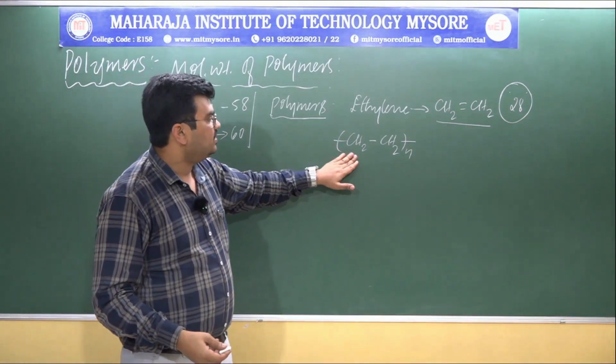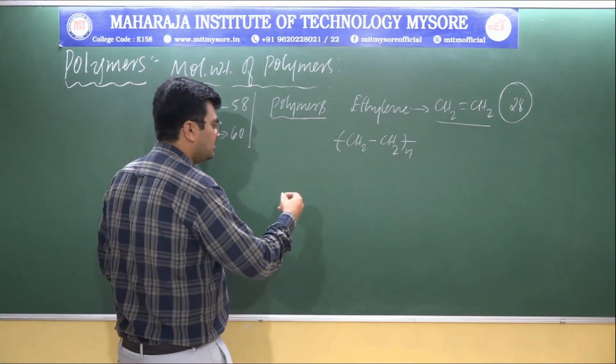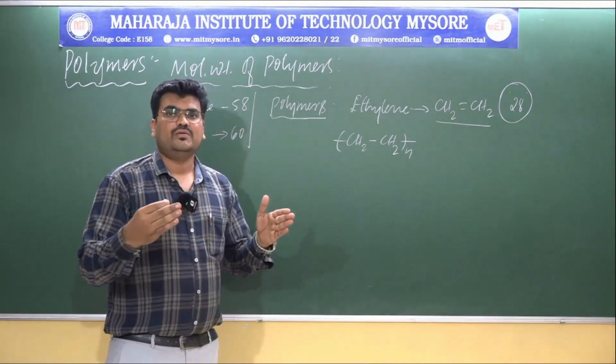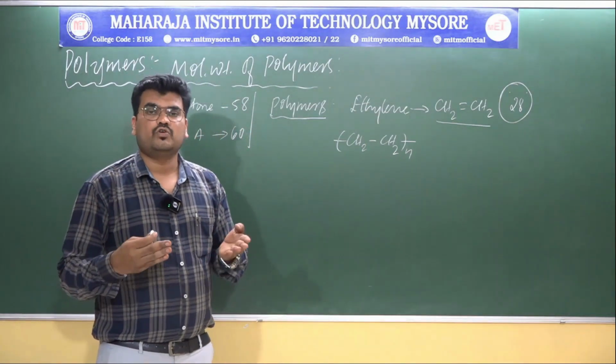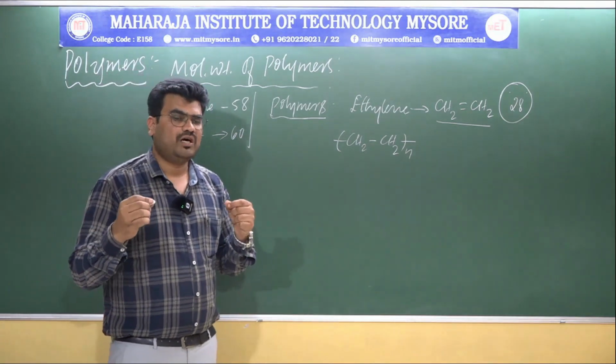So this can be explained by taking these cases, right? I will take this case and explain, so that you will come to know why for polymers we have to go for average molecular weight, and why it is not possible to determine the actual molecular weight.